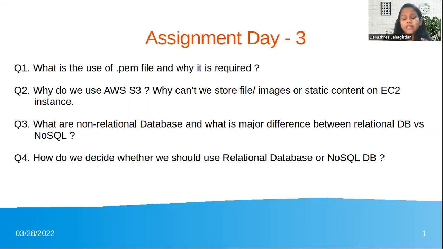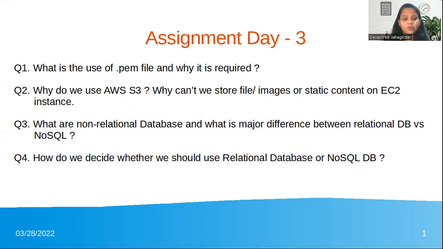The data generated in EC2 is the data which is essential for the functioning of the application, and the memory which is used functions as RAM. Here RAM is a very costly resource and not a permanent memory. So it is not a good choice to store files, images or static content on an EC2 instance or on the RAM. So this is the reason why we don't store files, images or static content on an EC2 instance.